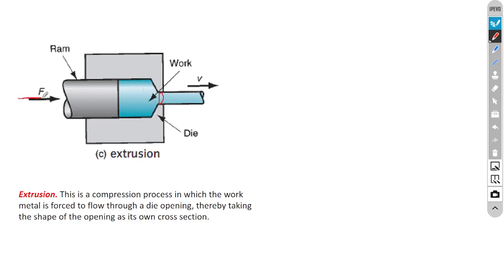While applying such a great force using the ram of the press machine, we force the material to flow by deforming plastically. It is like the flow of a liquid. It moves in this direction and takes almost the size of the orifice.